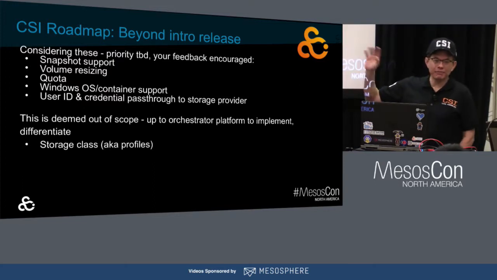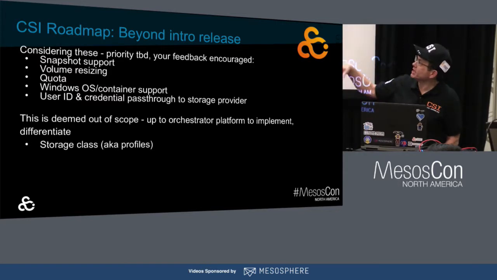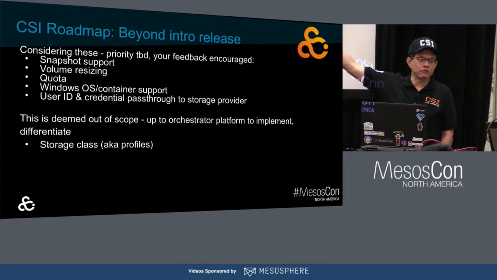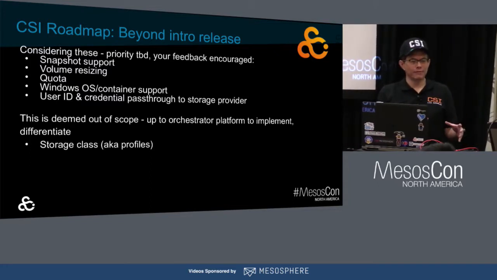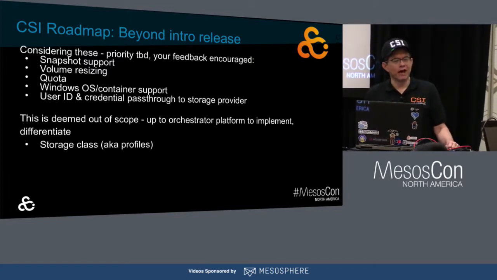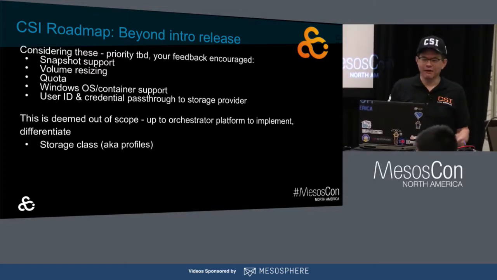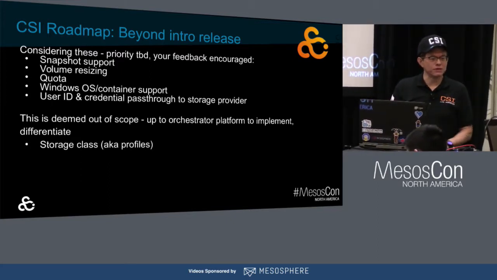But on the roadmap past the initial release, we have plans to support snapshots, volume resizing, quotas, support for containerization of the Windows OS, and finally, user ID and credential pass-through all the way from the container orchestrator to the storage provider, because some storage providers have features that rely on user identification as a means to implement additional forms of security.